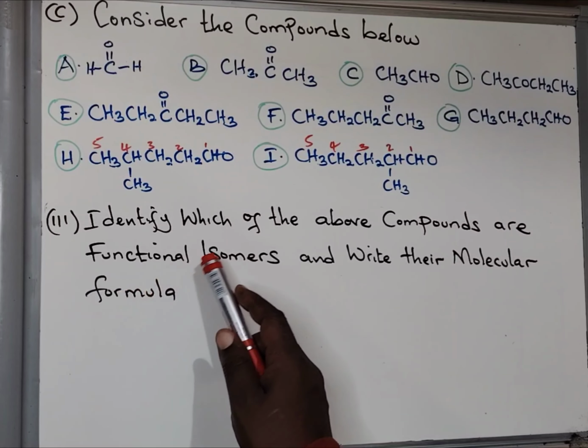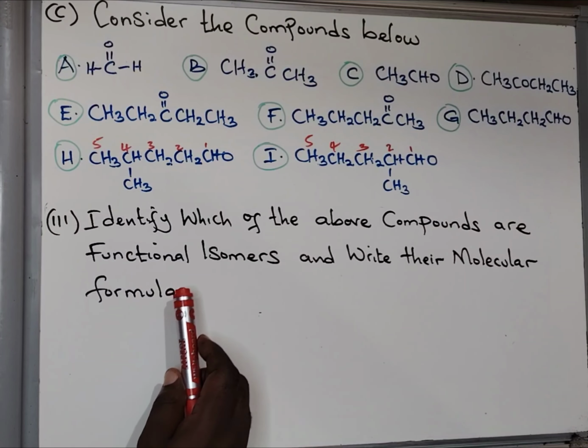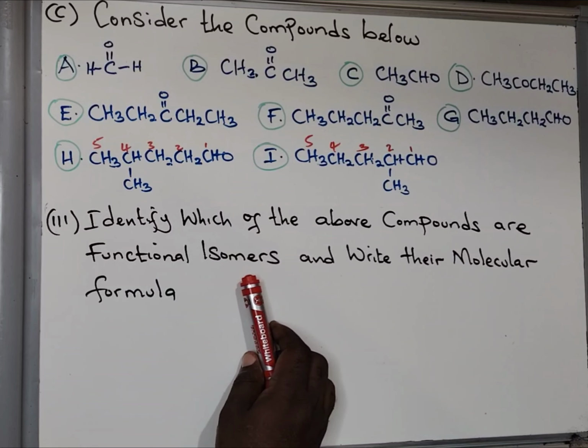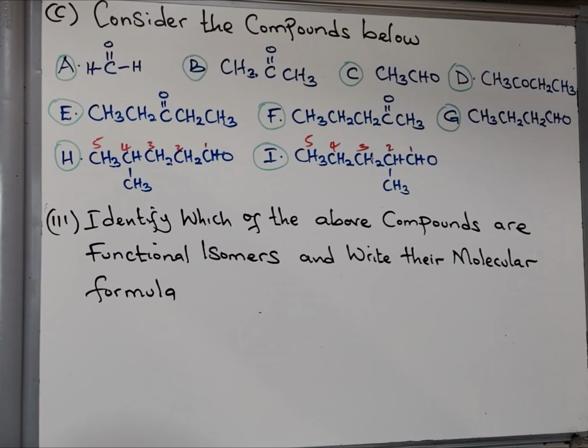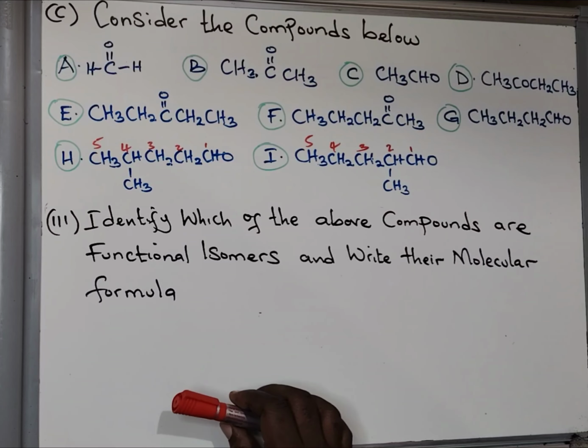Then the question says: identify which of the above compounds are functional isomers and write their molecular formula. Okay, first of all, you have to know what functional isomers are.